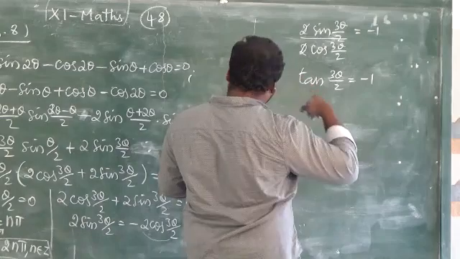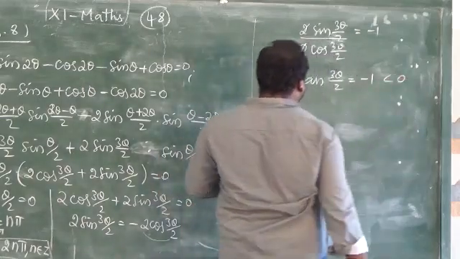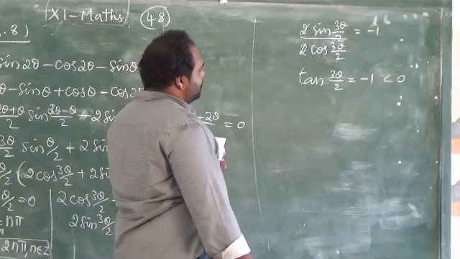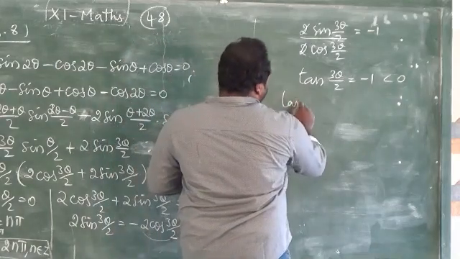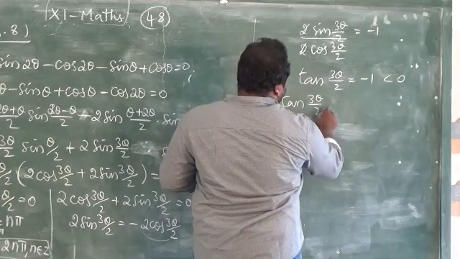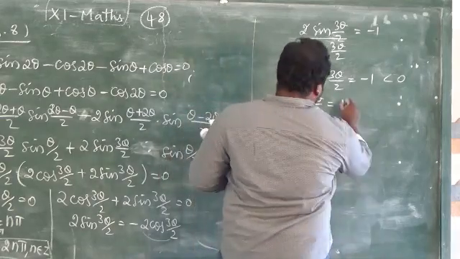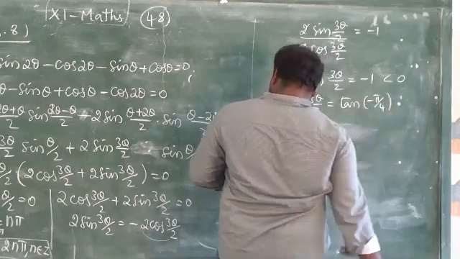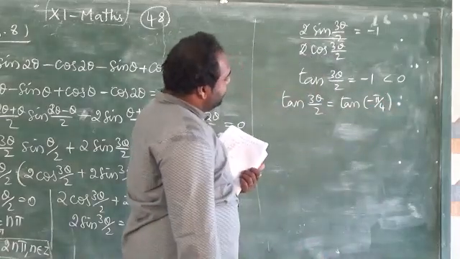So it is less than 0 now, tan negative, so it is the fourth quadrant. So tan 3 theta by 2 equal to tan of minus pi by 4.